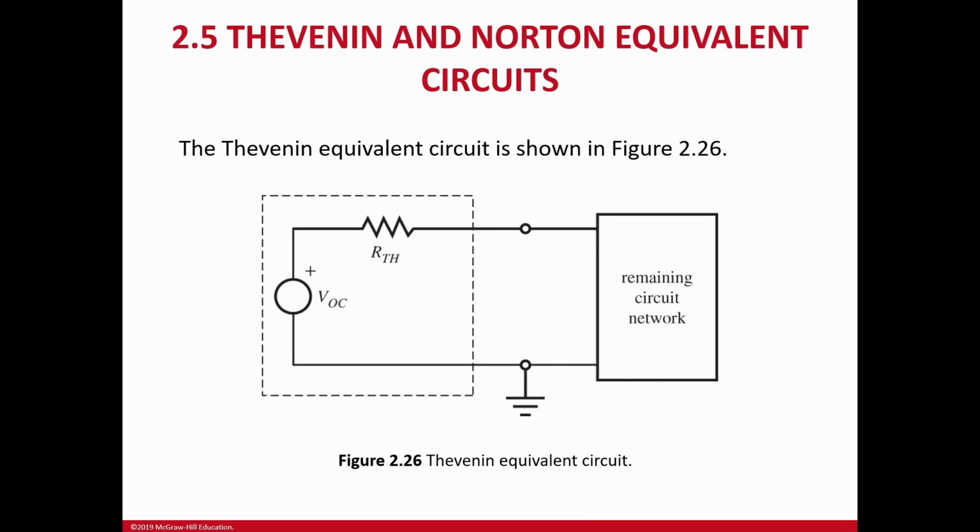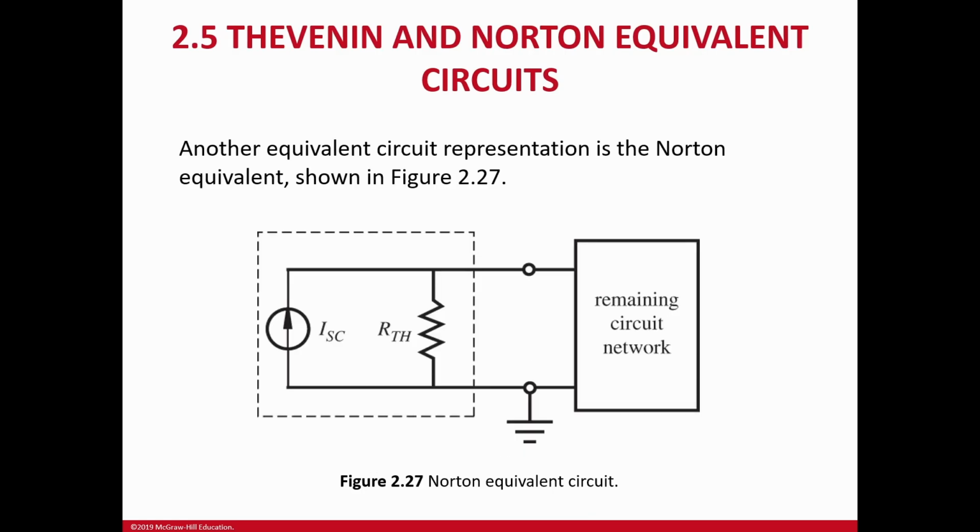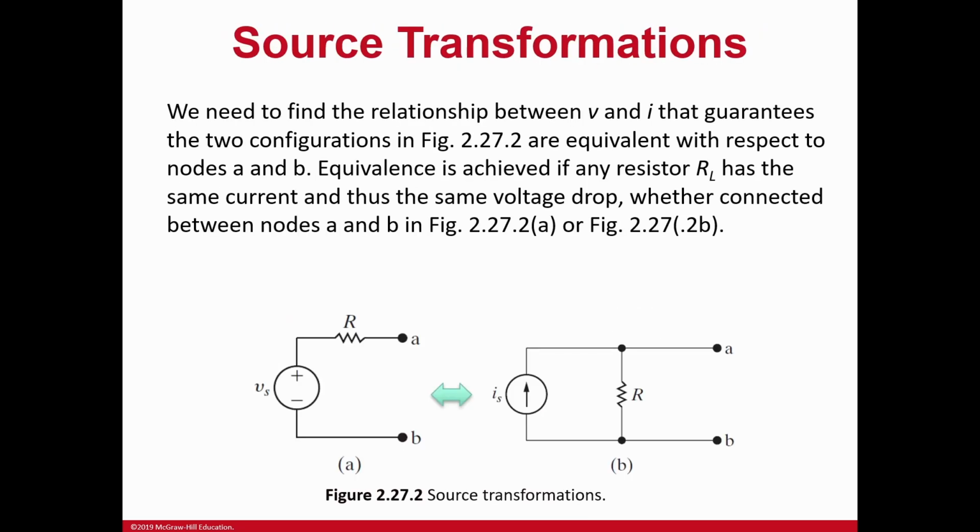And you can also change this to a Norton equivalent. A Norton equivalent is a short circuit current source with the Thevenin resistor connected in parallel. Just remember from electrical engineering, and I talked about this before.